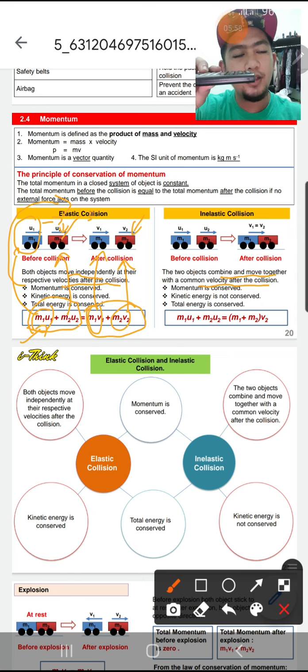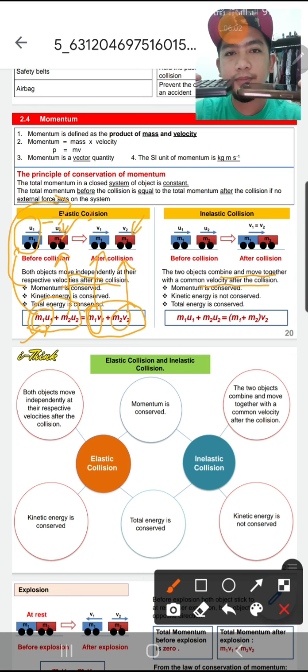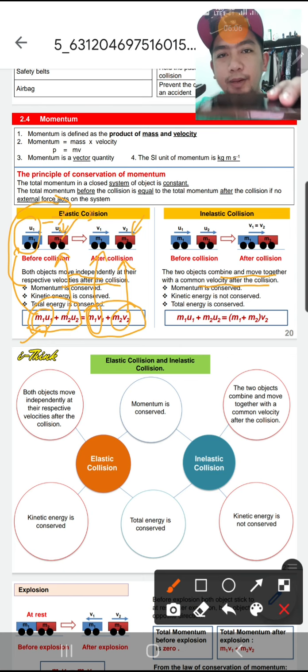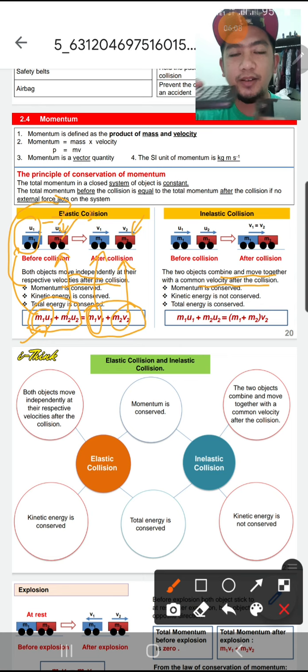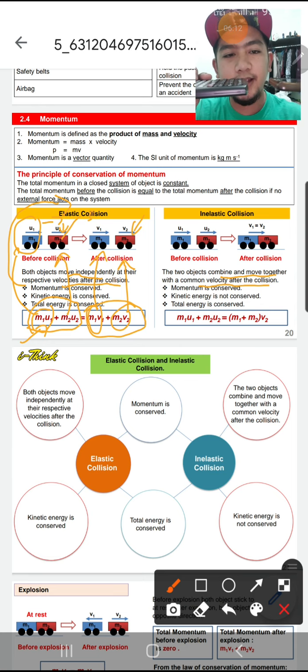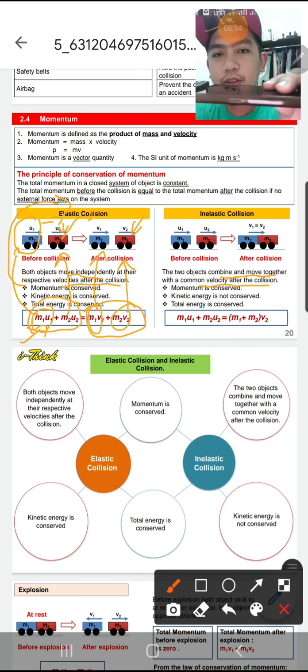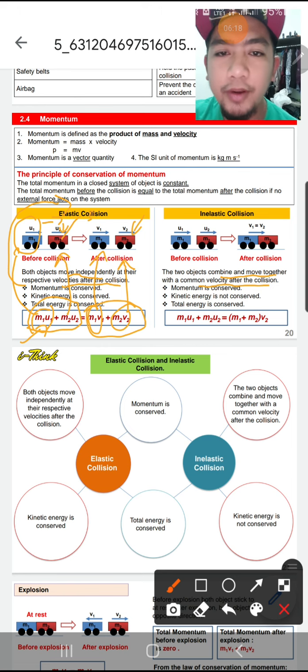In an elastic collision, when the blue car collides with the red car, they move separately. But in an inelastic collision, when the blue car collides with the red car, they combine and move together.